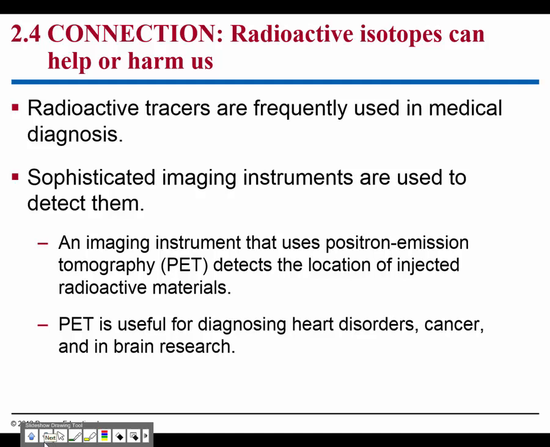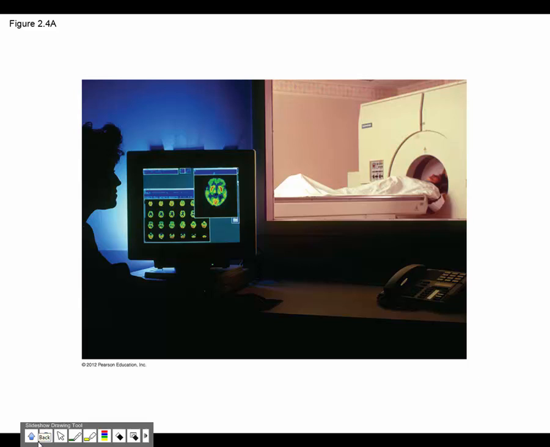We have PET scans, or we use radioactive tracers for diagnosis, so we can look at heart disorders and cancers and do brain research by putting these chemicals in and watching where and how they flow, because they give off a different image than the normal chemicals. And here's a picture of that PET scan.